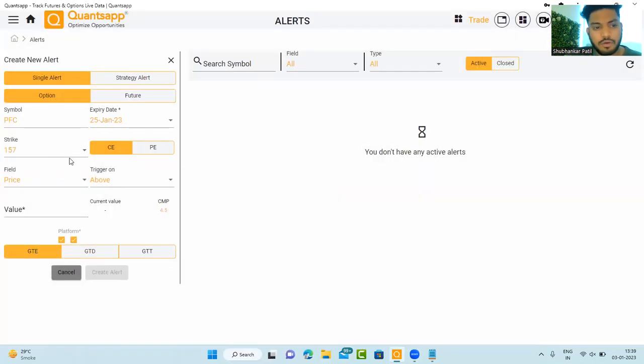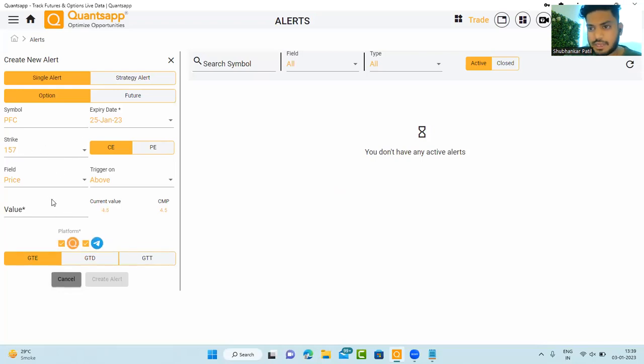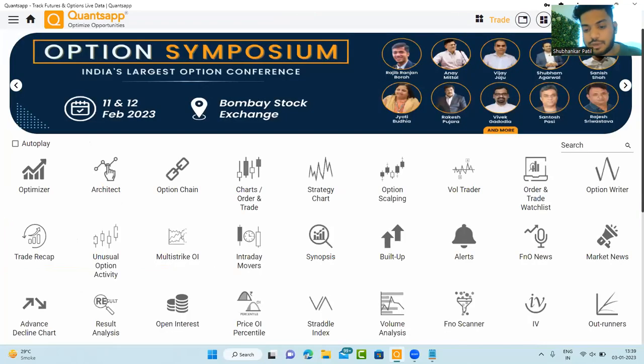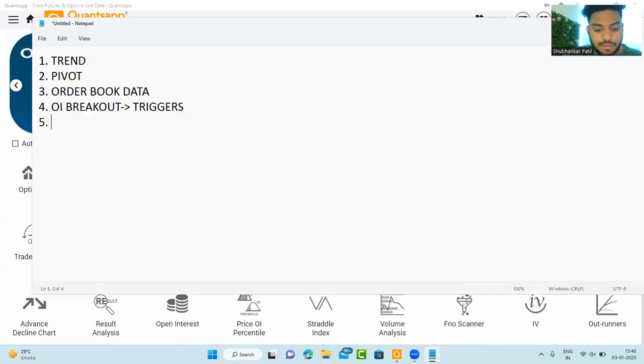Let's say you are going long on PFC, and you are buying the 157 call option and the current value is 4.5. Let's say you have participated, for example, and you want an alert whenever this value goes above 5. You can set an alert, and the application will keep you notified on the Quantsapp mobile app as well as Telegram. So set a stop loss on the option as well.